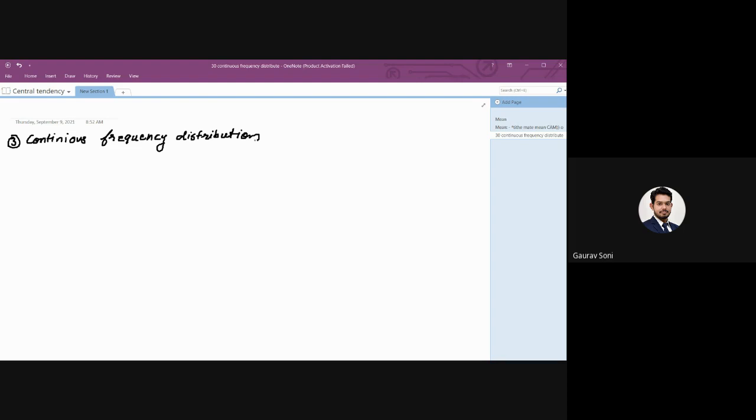The ones which involve class intervals. So we have the class intervals and we have the frequencies. Say class intervals 0 to 10, 10 to 20, 20 to 30, then 30 to 40, and 40 to 50. And we have certain frequencies there, say 2, 3, 8, 7, 6.